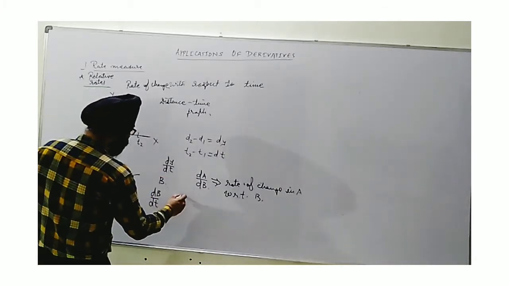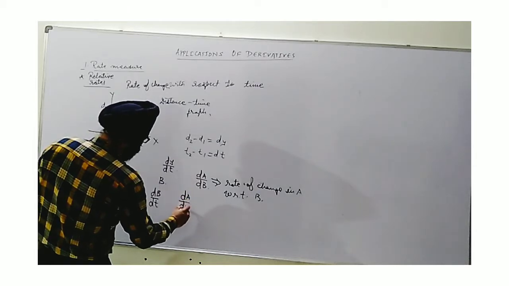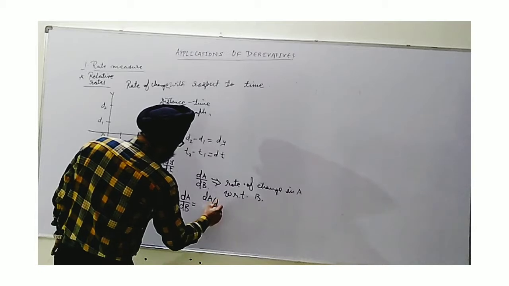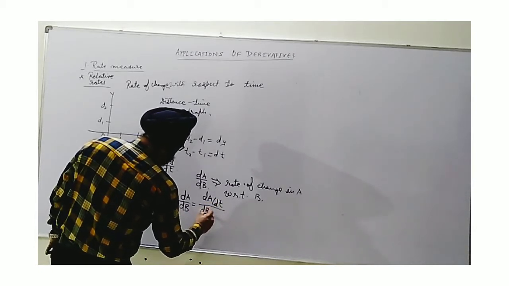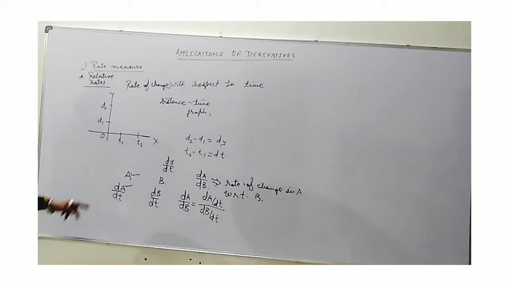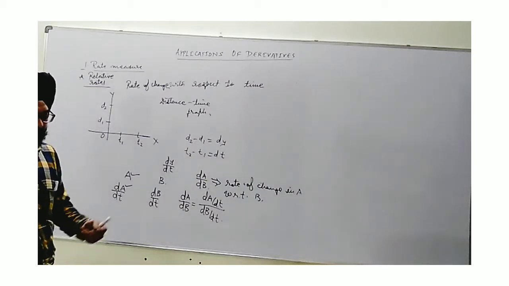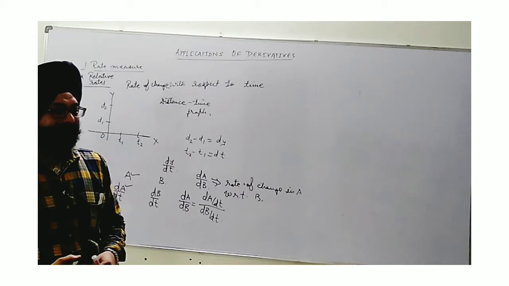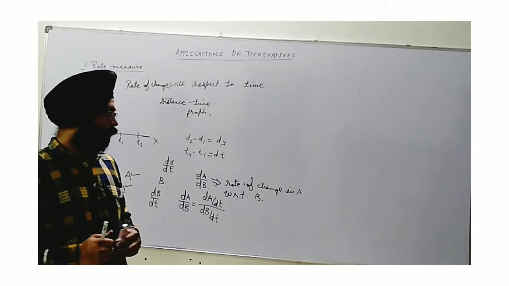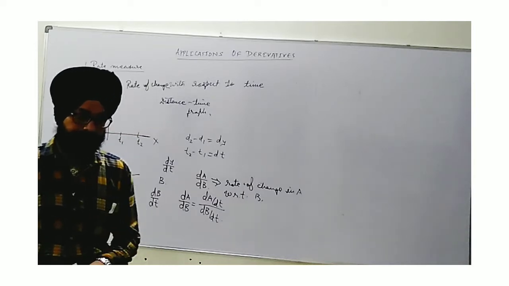Then the required change dA upon dB can be written as dA by dt divided by dB by dt. This will help us relate two quantities which are not directly dependent on each other. More examples we can take further.